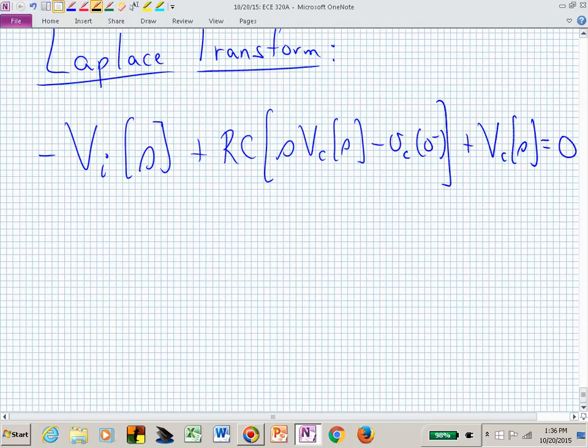But I might give you the initial condition, and then you would have to substitute it in. If I say in the problem statement, assume 0 initial conditions, you wouldn't have even had to include that term in this Laplace transform. You could have just assumed that.